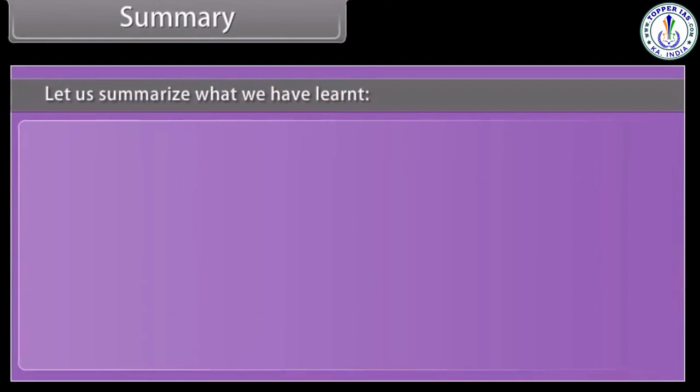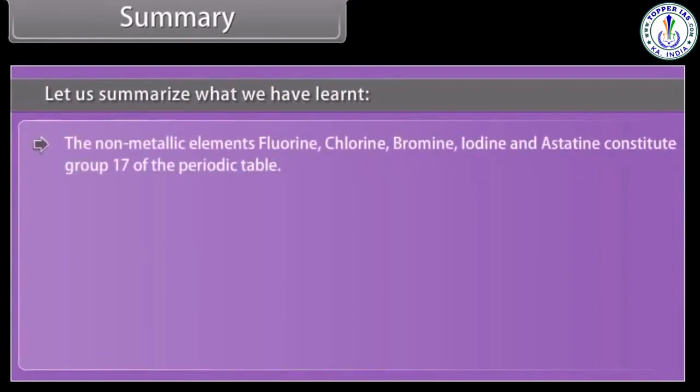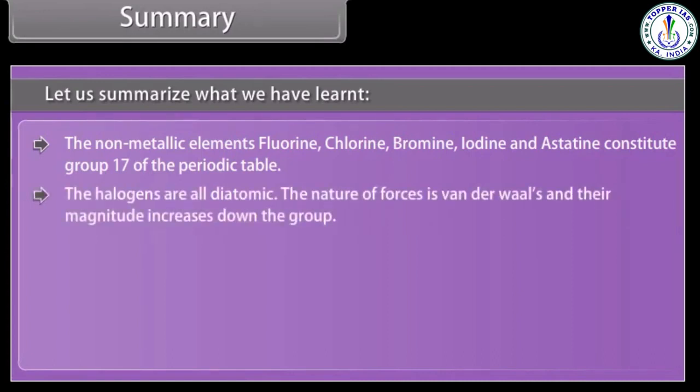Summary. Let us summarize what we have learnt. The non-metallic elements fluorine, chlorine, bromine, iodine and astatine constitute group 17 of the periodic table. The halogens are all diatomic. The van der Waals forces are the nature of attraction, and their magnitude increases down the group.